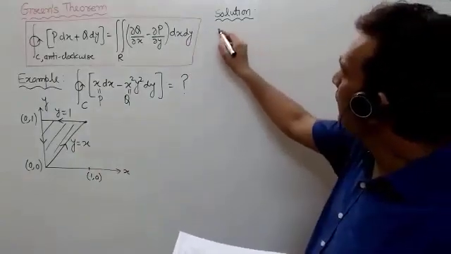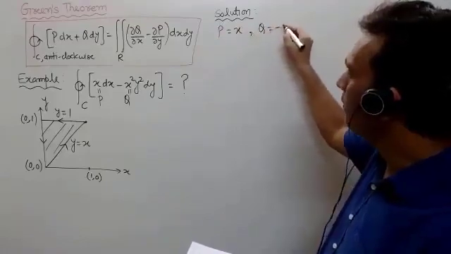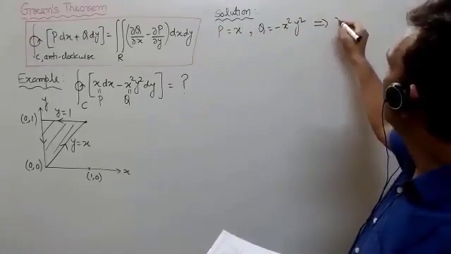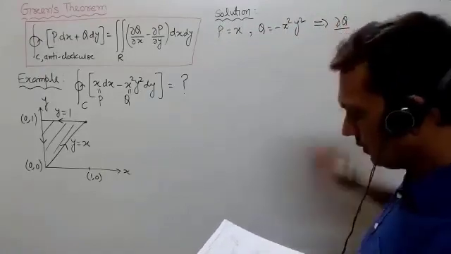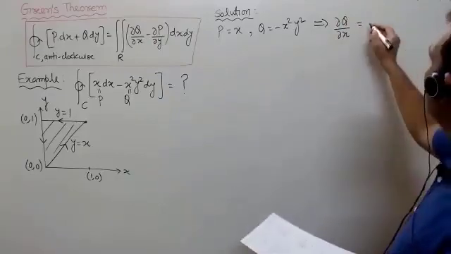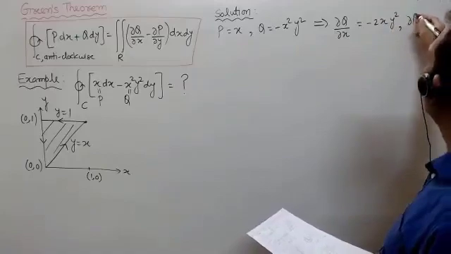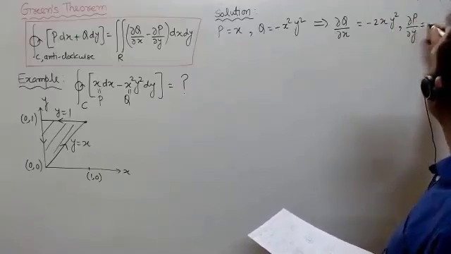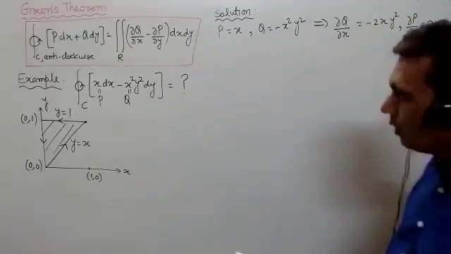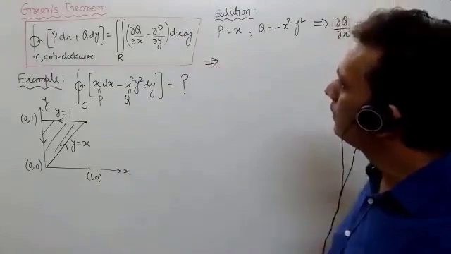So what will be p here? P is x and q will be minus x square y square. So del q by del x will be minus twice x y square, and del p by del y is 0. So now we can evaluate this integral.